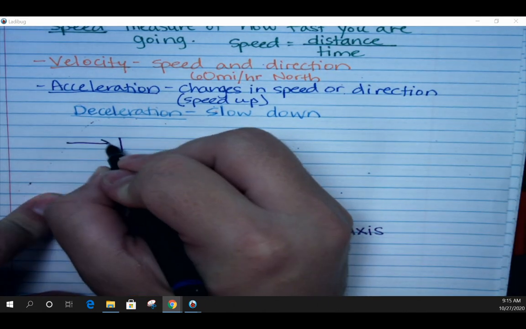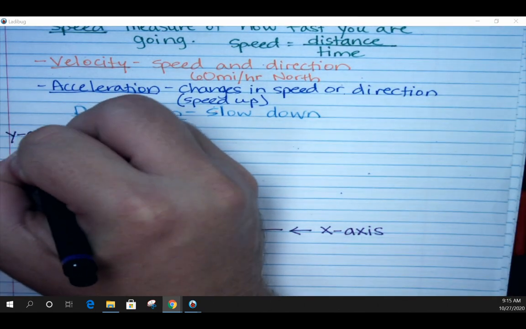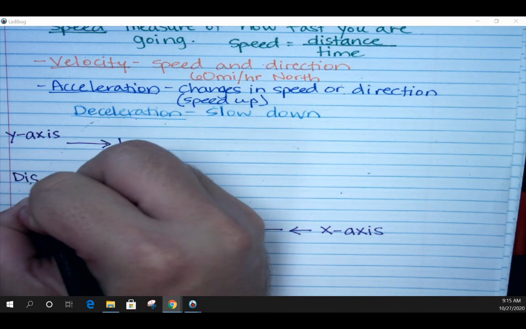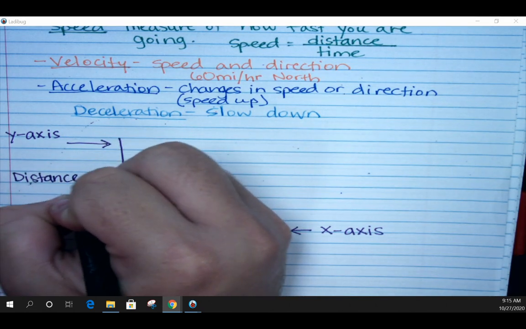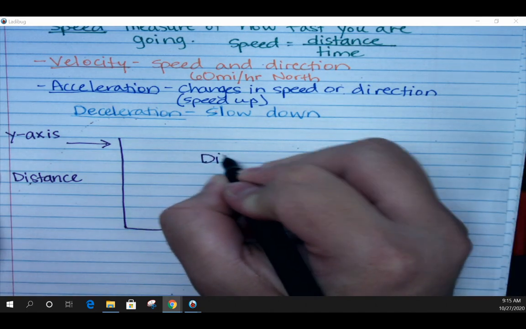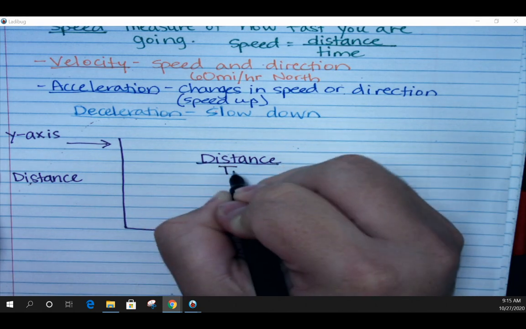This is the what? Y-axis. And what does it tell us? The distance. That's why we call it distance over time.